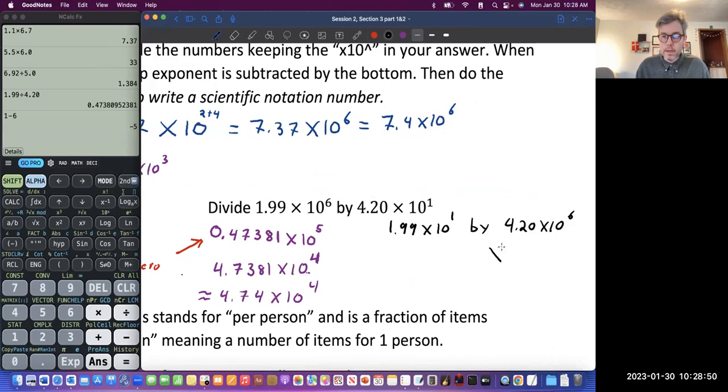So the exponent would become times 10 to the -5th. That's what would happen, okay? Because we'd be doing 1 minus 6. So that's if that's what it was asking. All right, hopefully the ones that I did make sense.